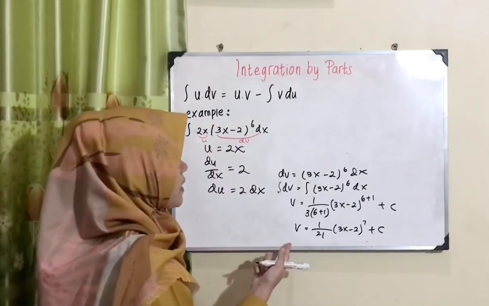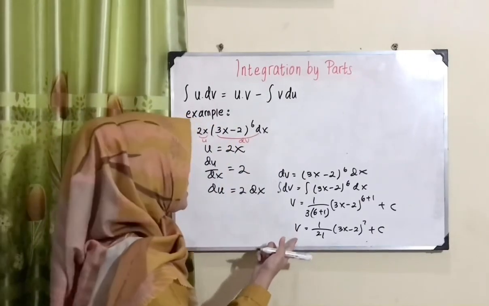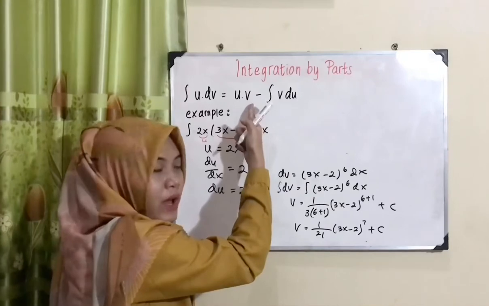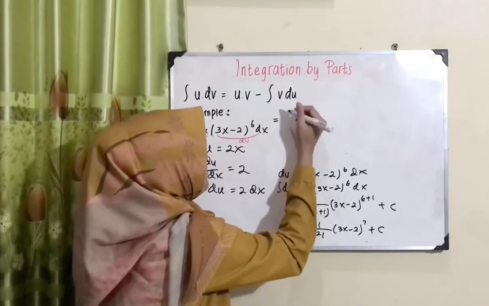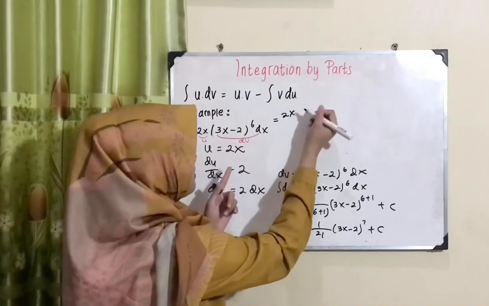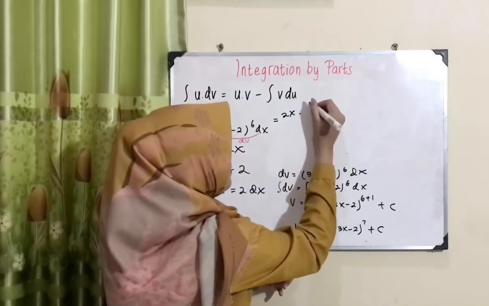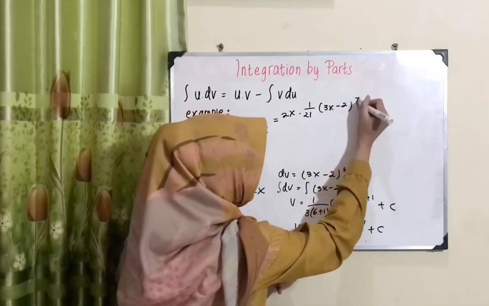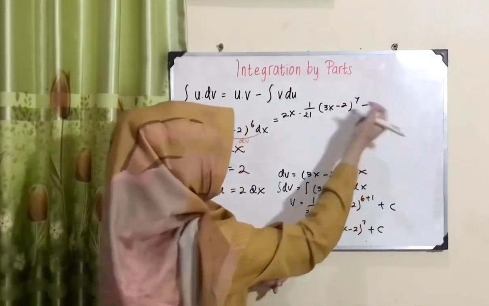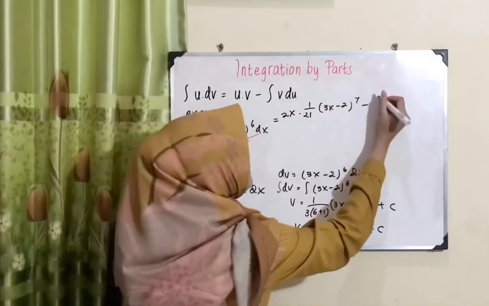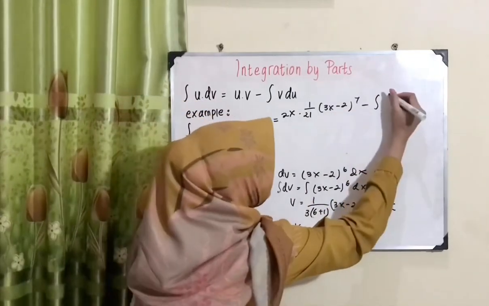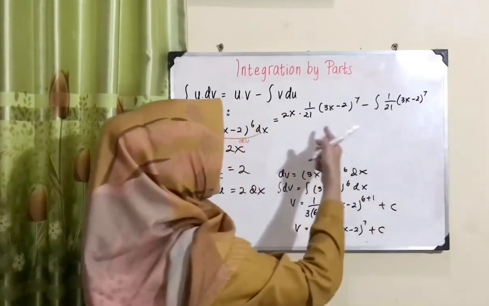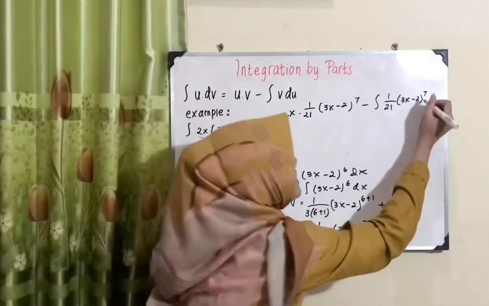Okay, if I have the values of v, u, and du, we substitute into this formula. This is equal to u, which is 2x, times v, which is 1 over 21 times (3x minus 2) to the power of 7, and then minus the integral of v du, the integral of 1 over 21 times (3x minus 2) to the power of 7, and then du is 2 dx.